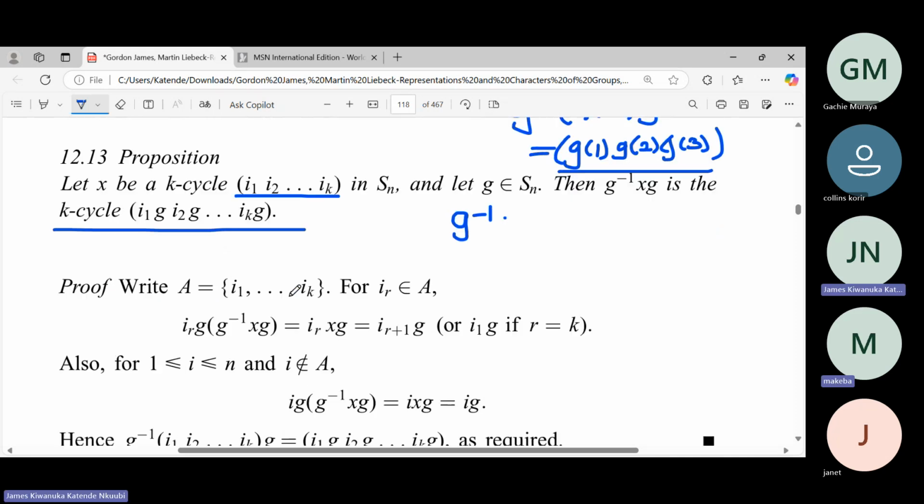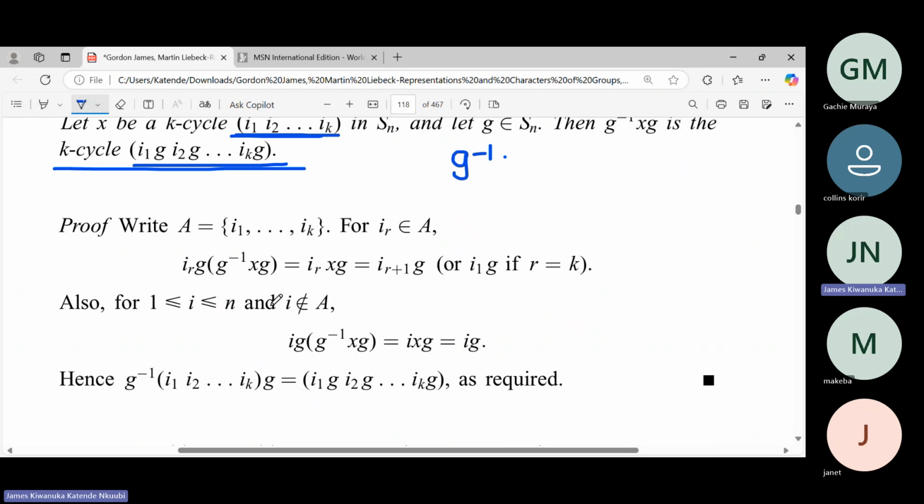So this simply says that if an element is a k-cycle in Sn, then all its conjugates will have the same cycle shape. This one I will not prove. We did this in group theory. The only difference is that in our case we were working with functions written like this, but this one is doing the opposite.